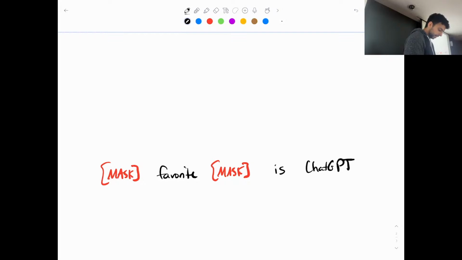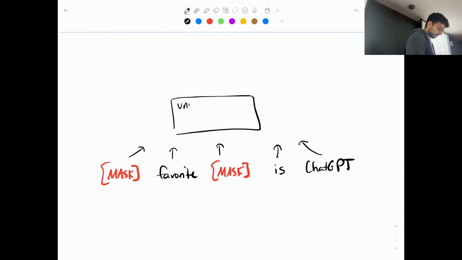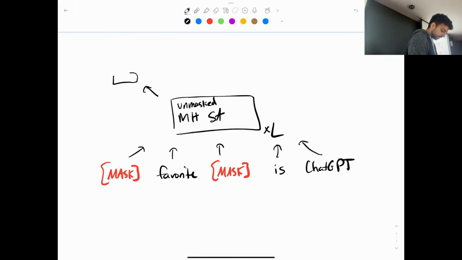Now, I'm going to pass all of these tokens into this unmasked multi-head self-attention block and have L different layers of this. And at the end, we're left with the final layer hidden states.